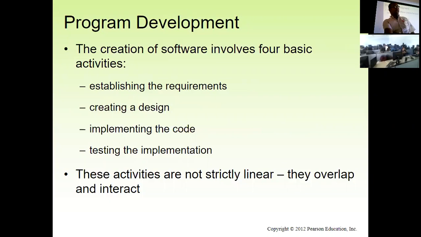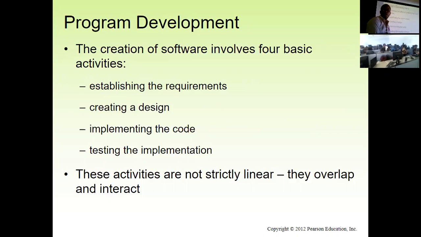Then you have to actually do the implementation of what you are required to do and how you say you're going to do it. And that's what we tend to focus on to a large extent as building the software. And so that's the implementation of your code. And then once you have implemented it, you want to be able to test, to verify, and validate.